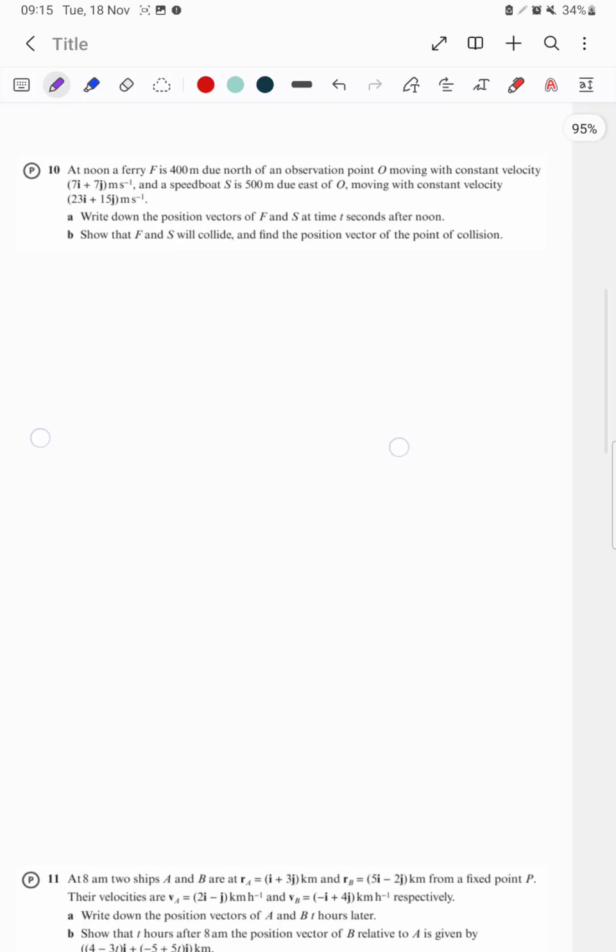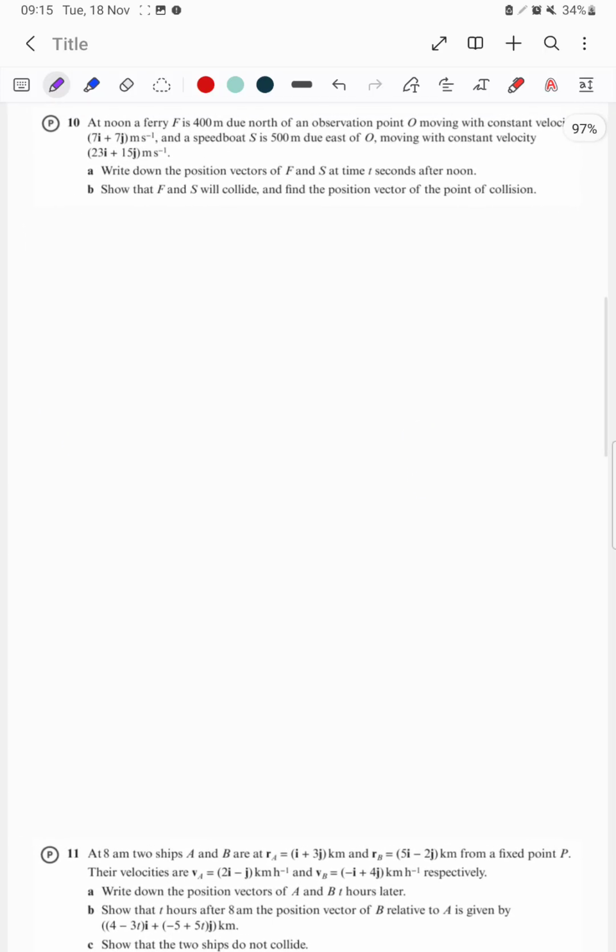Now we have our next question. At noon, ferry F is 400-meter due north of an observation point. North is the upward direction, so the initial position is 400 in the vertical direction, so 400j, because i is the horizontal, and the constant velocity is given as 7i plus 7j.